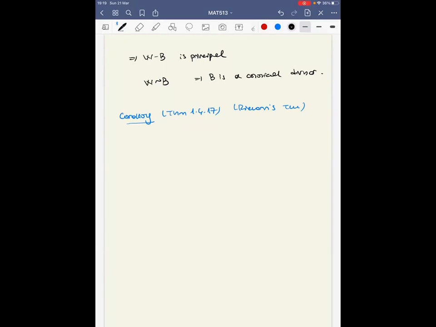Indeed, we will see that if we are given a function field of genus G, and if the degree of a divisor is sufficiently large, and this quantity is determined by 2G minus 1, then the dimension of the space is equal to its degree plus 1 minus G. And it will be often used in the computation aspect. Particularly, we will use it in algebraic coding theory when we want to determine the parameters of the linear codes.